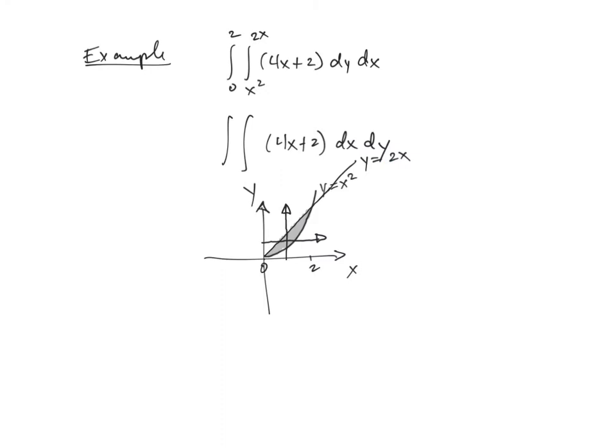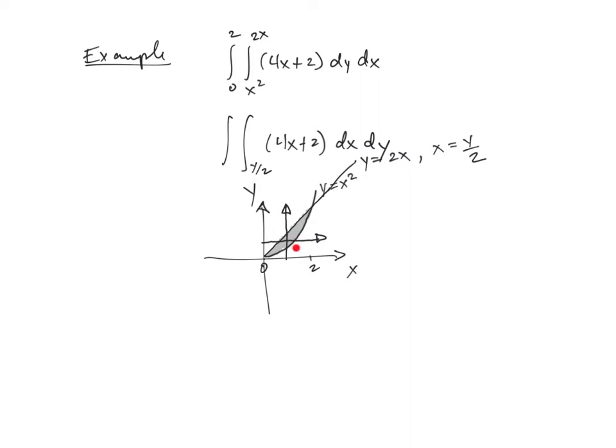If I rewrite this equation, it's x equal to y over 2. So everywhere along this straight line, x is equal to y over 2. So this x value, where this line enters the region, is going to depend on where I am in y. It's y over 2.